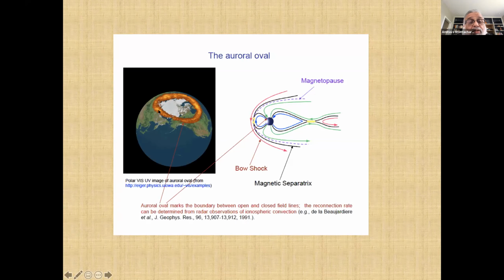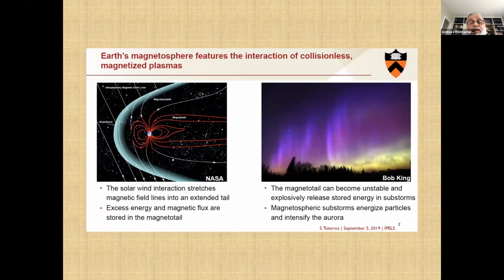And the reconnection rate, as Nick was alluding to, can be determined from radar observations of ionospheric convection. So you have ground-based observations, which give you a lot of information on what the electric field is, which can be estimated simply from E plus V cross B equals 0 away from the diffusion layer, where V cross B gives you a very good measure of the reconnection rate.